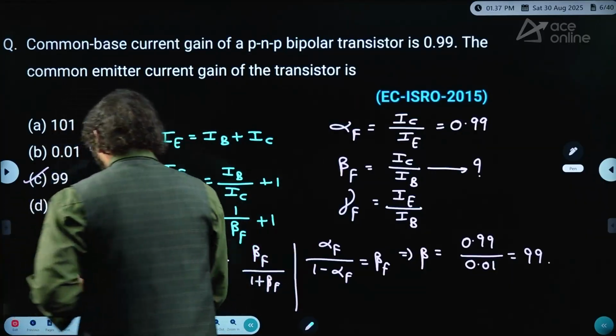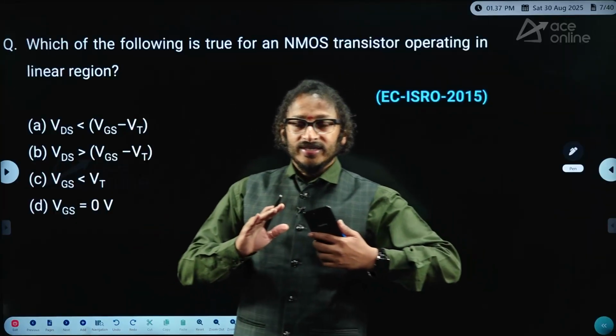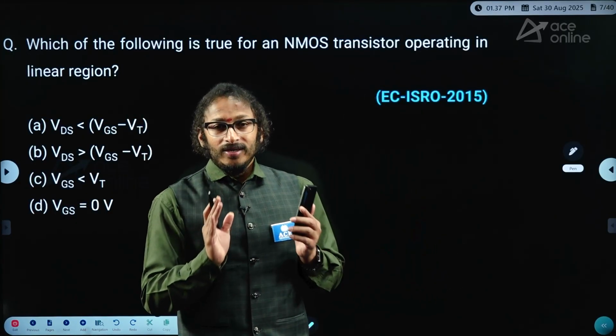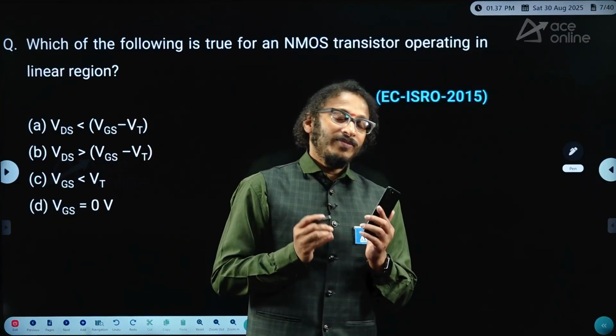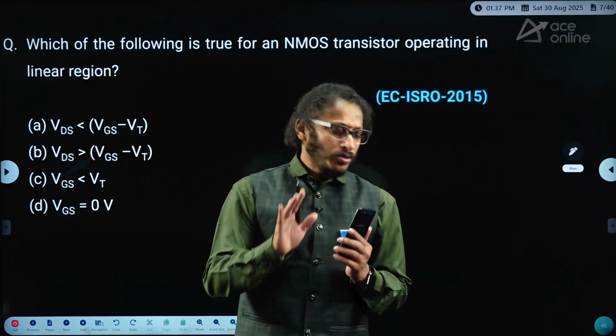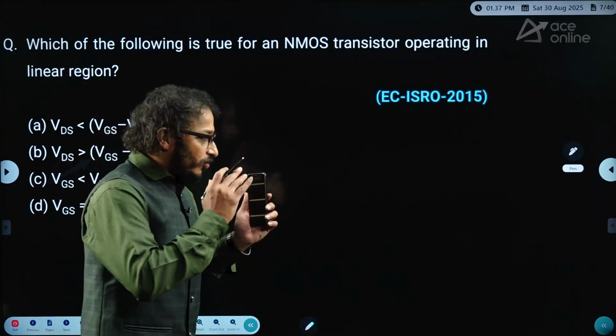Wonderful. So practice more, dear students. You can now understand the questions are direct problem solving, and more than 80% of the questions are directly formula based. So you can easily crack the Indian Space Research Organization exam. Prepare well for sure.